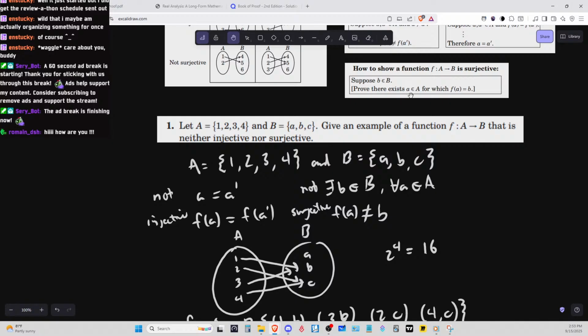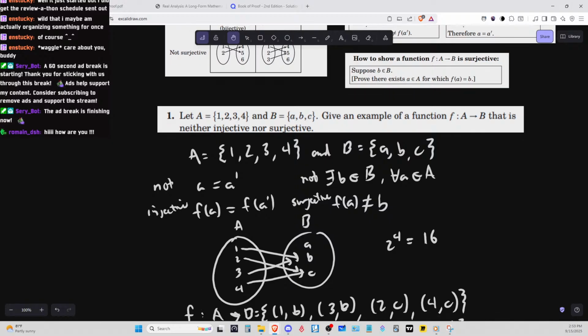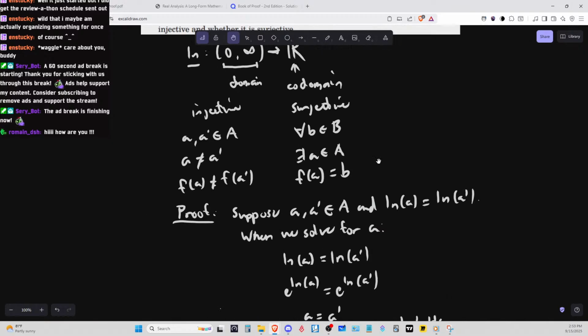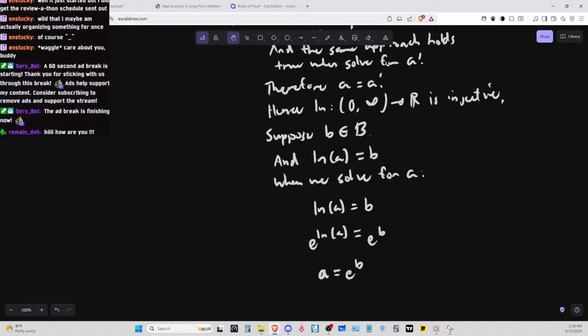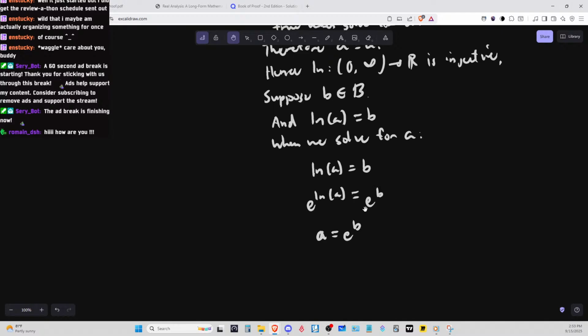There exists A in A for which f of A is equal to B. Okay, so when we solve for A, we get this.